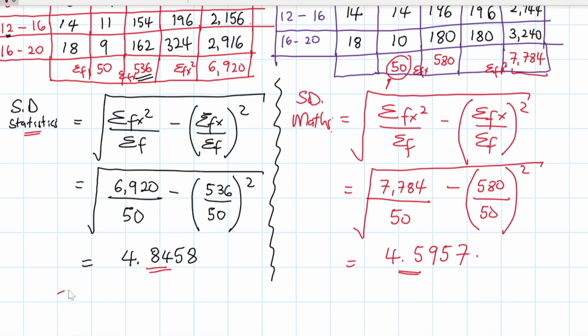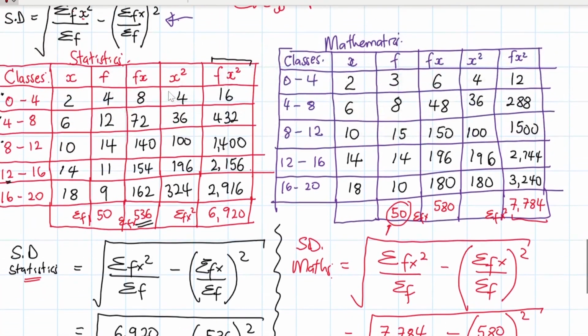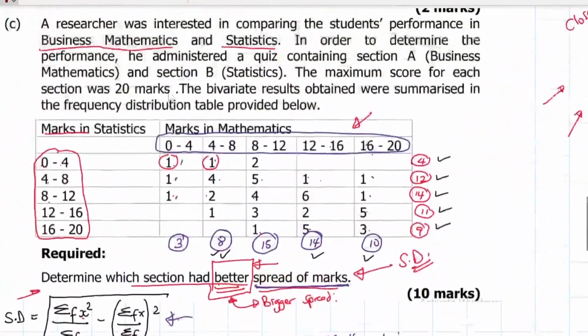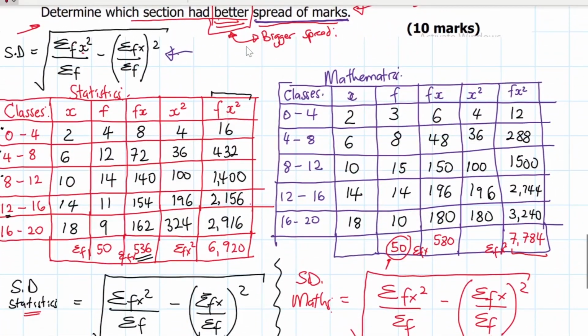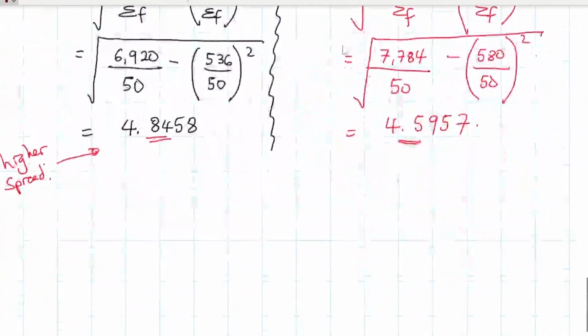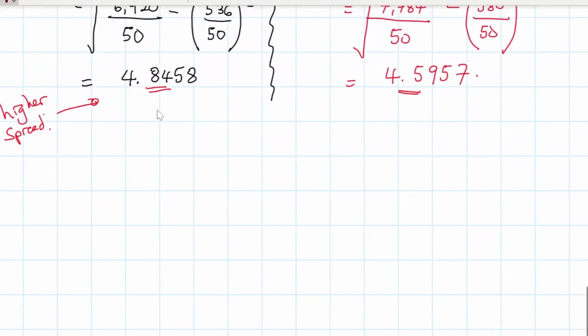So this one has a higher spread. In other words, this figure 4.8 gives us the measure to which this data is spread away from the mean. If you come back up, they're asking us to determine which section has better spread. The one that has better spread is statistics.